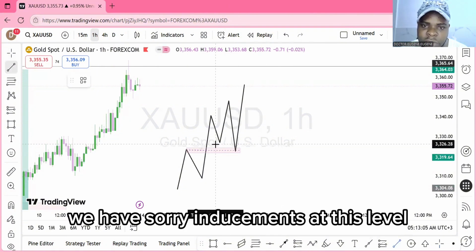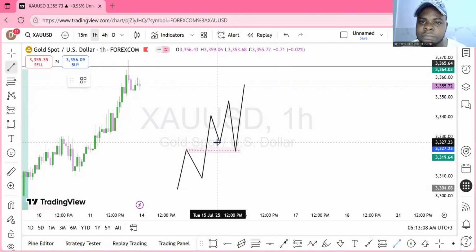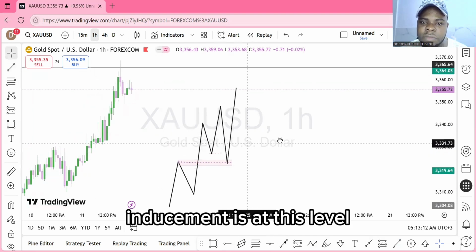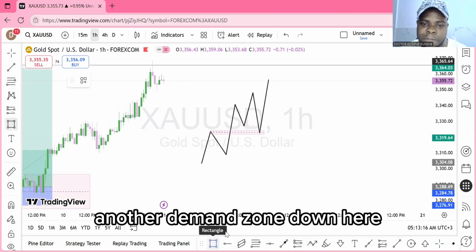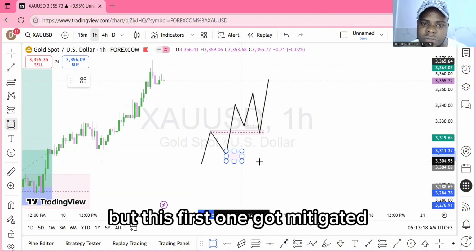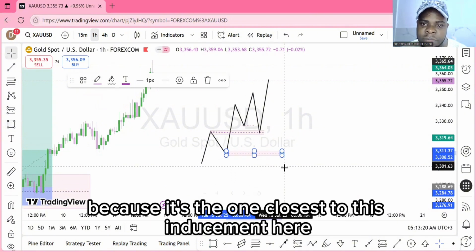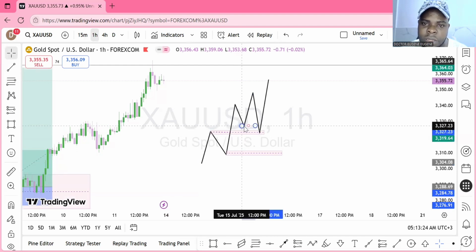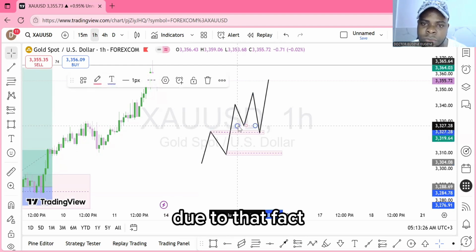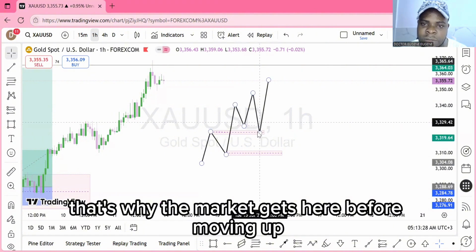We have inducement at this level. Another demand zone down here. But this first one got mitigated because it's the one closest to this inducement here. Due to that fact, that's why the market gets here before moving up.